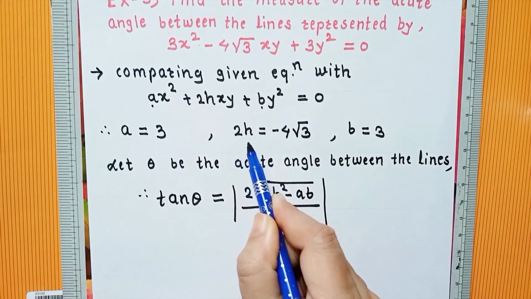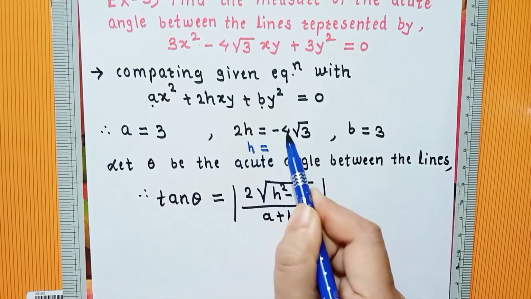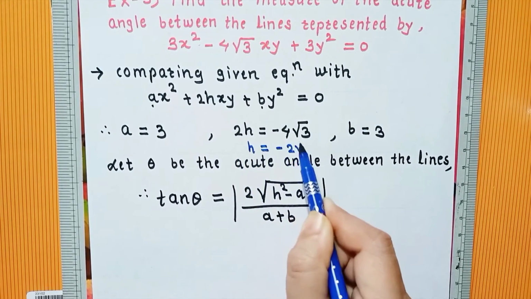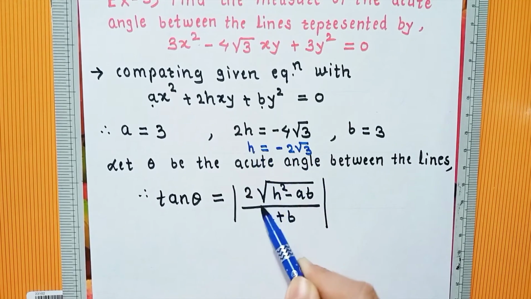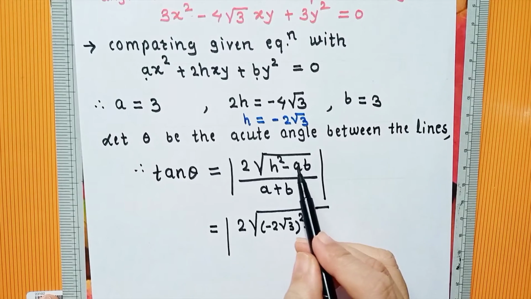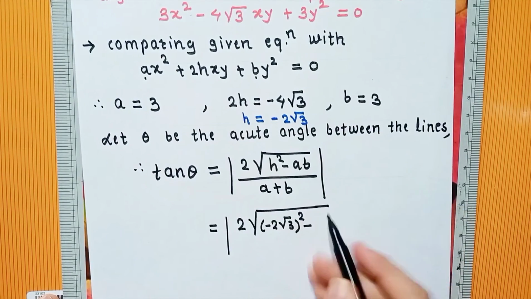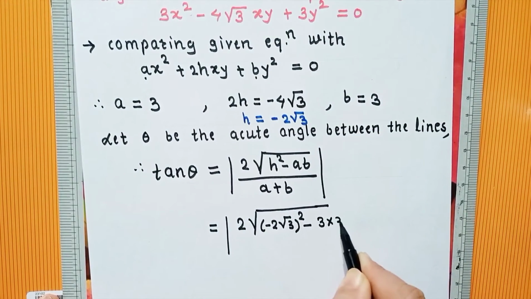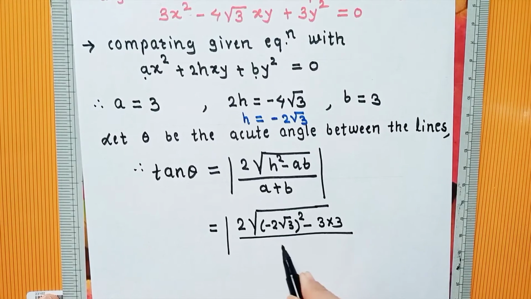Here first find out h. H is equal to dividing by 2. So minus 2 root 3, and we will substitute this value here. And then AB means 3 multiplied by 3, and upon A plus B means again 3 plus 3.